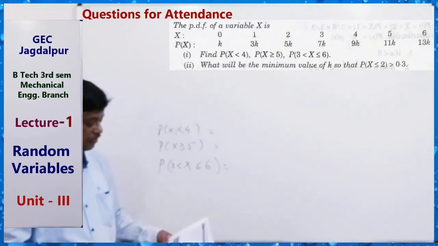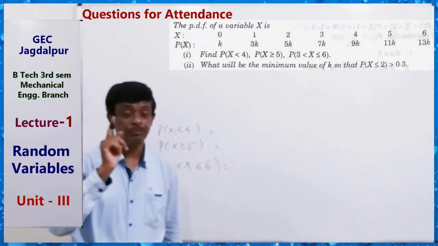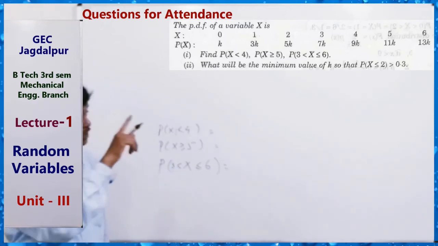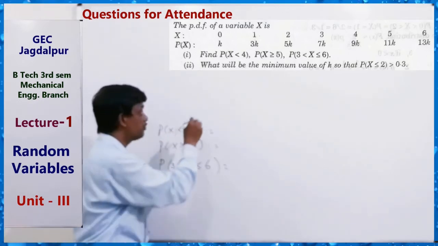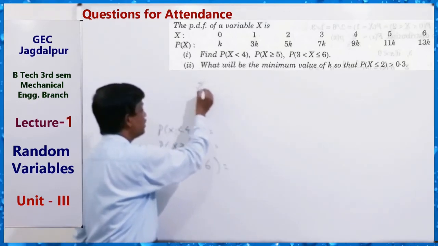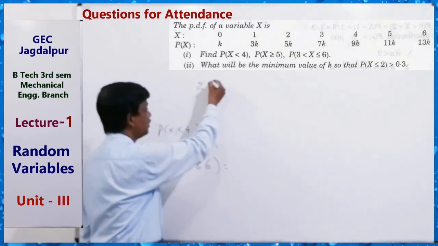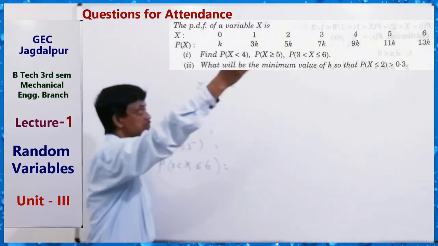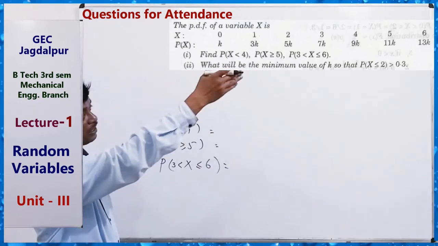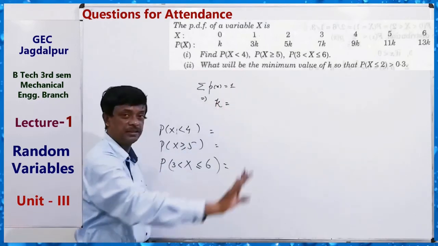So first of all, by using properties of PDF, probability density functions, we have to find value of k. How can we find value of k? By summing, the sum of all probability is equals to 1. By this we can get value of k.